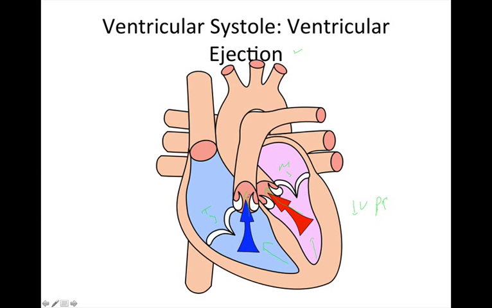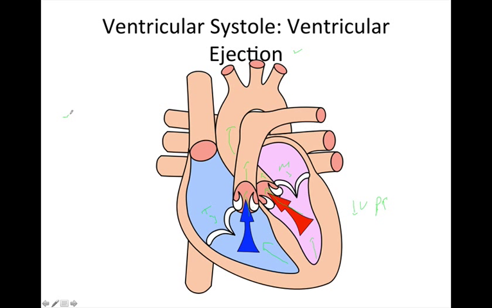Blood is pumped out through the semilunar valves: the right ventricle pumps blood out through the pulmonary trunk, and the left ventricle pumps blood through the aortic valve into the aorta itself. All right, that's ventricular ejection.